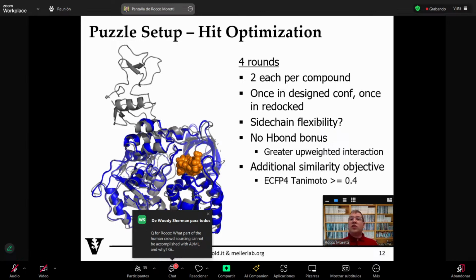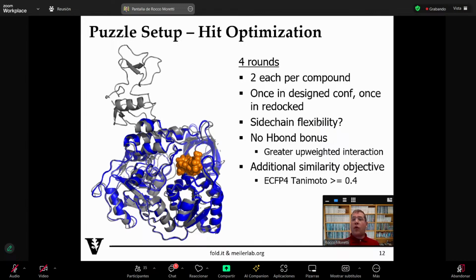So with those 2 successful compounds, we were invited to participate in the hit optimization round. For the hit optimization, we had 4 rounds of puzzles, so 4 weeks of puzzles, 2 weeks with each compound. For each compound, we did a puzzle once with the design conformation, so in the structure that the players originally designed, and then once in the lowest energy redocked structure.